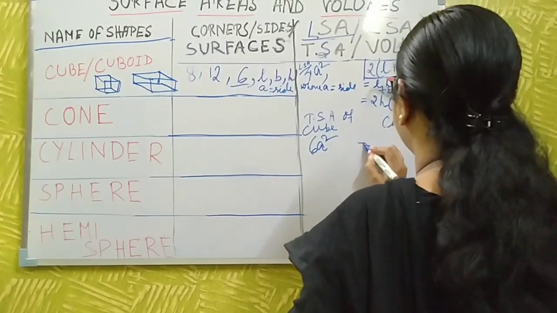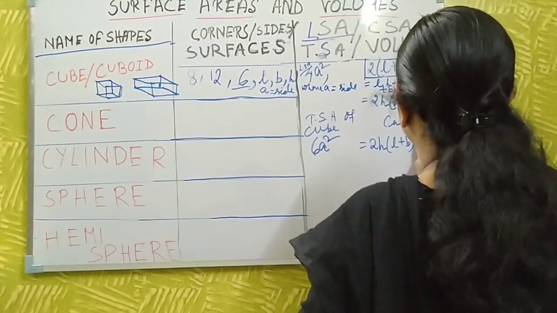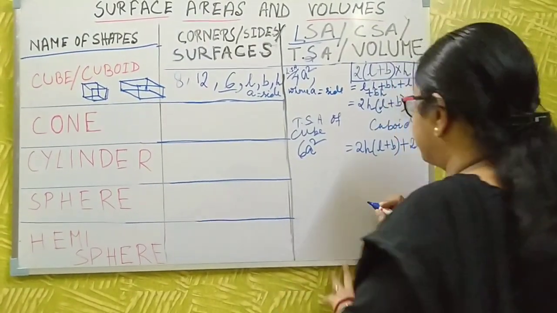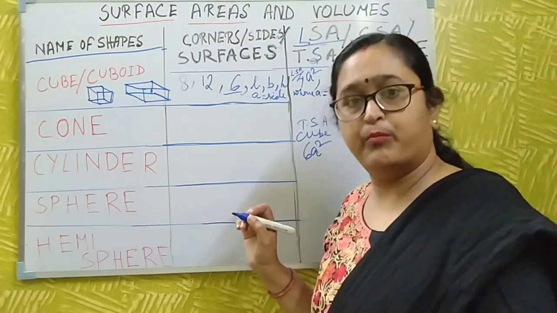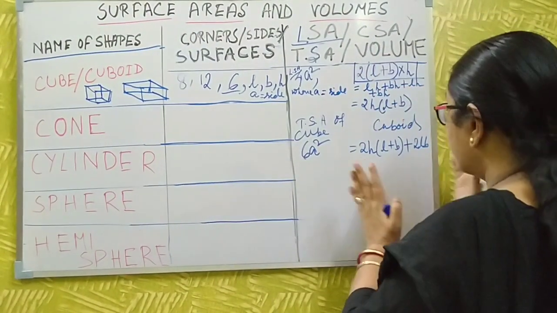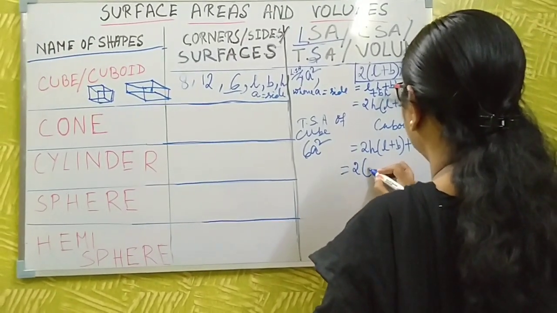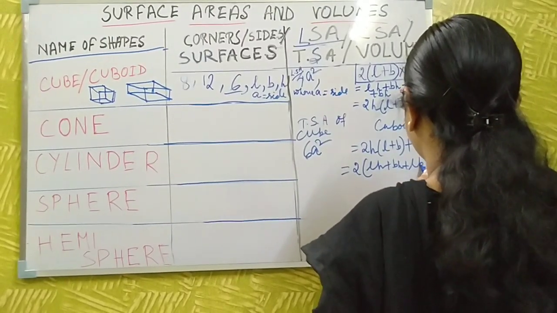And the total surface area of a cuboid. What is this? Here you write the lateral surface area and you just add top and bottom. This is 2LB. Top will be L into B, bottom also L into B, then 2LB. Then you merge this, and the formula becomes 2(LH plus BH plus LB).